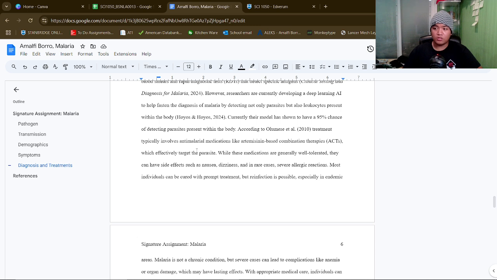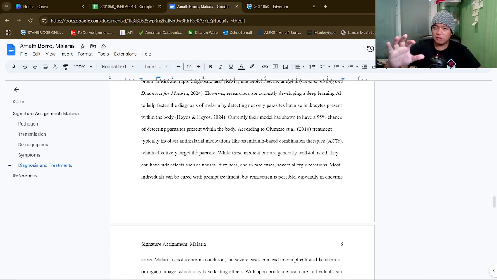There are certain genes that can help with protection against malaria, such as sickle cell anemia. Your red blood cells are usually round.